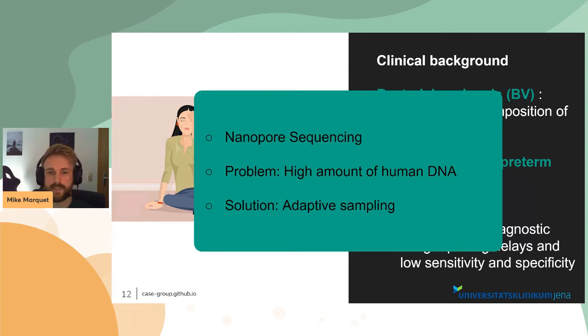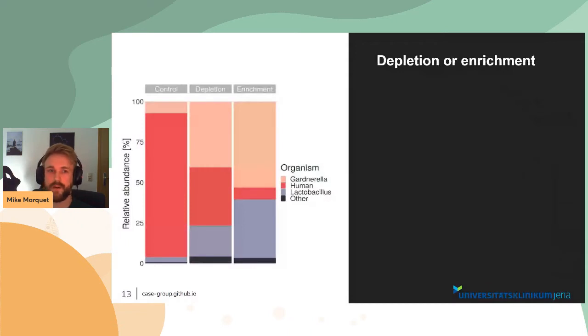And the solution for us was then, okay, let's try adaptive sampling on real clinical samples, because until last year it was only shown for mock communities, so artificial communities that were sequenced. And let's have a look at how it performs. So first we had to decide which mode of action we want to do. Do we want to do the depletion or the enrichment mode for metagenomic samples?